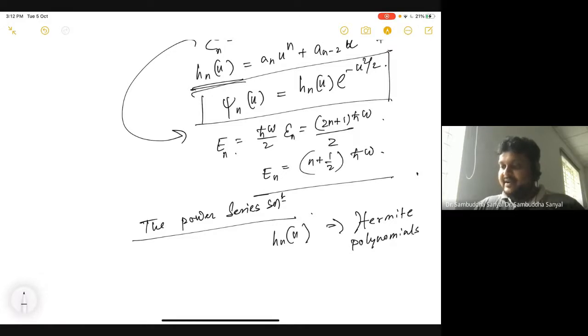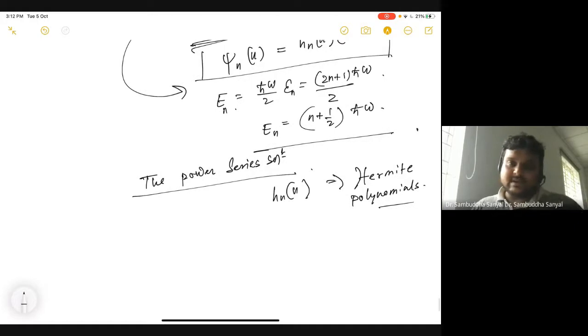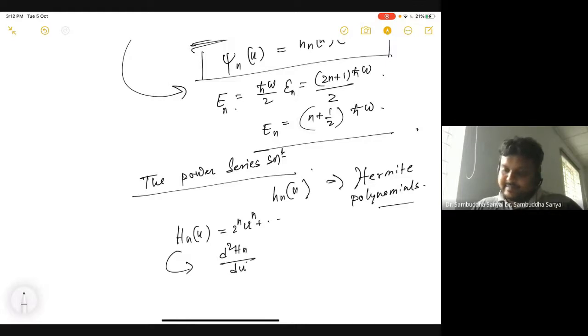Hermite polynomial. So different kind of differential equation, you will set up a different equation. This particular thing is known as Hermite polynomial. I think you have learned it in great detail in math methods. That 2 to the power n e to the power n plus 2. So it is a solution of a differential equation which is of this form, minus 2u dH/du plus 2nH equals 0.